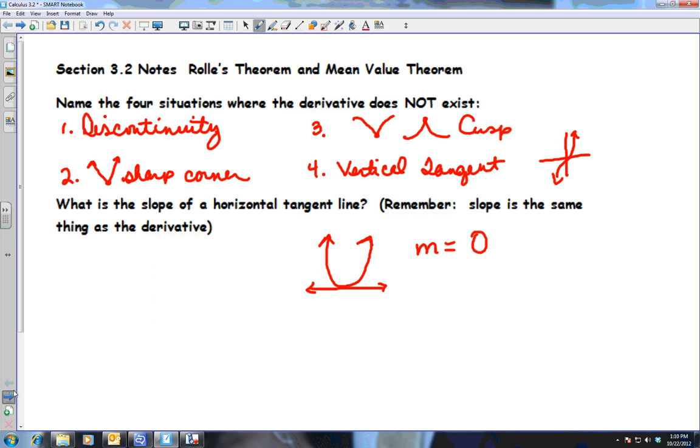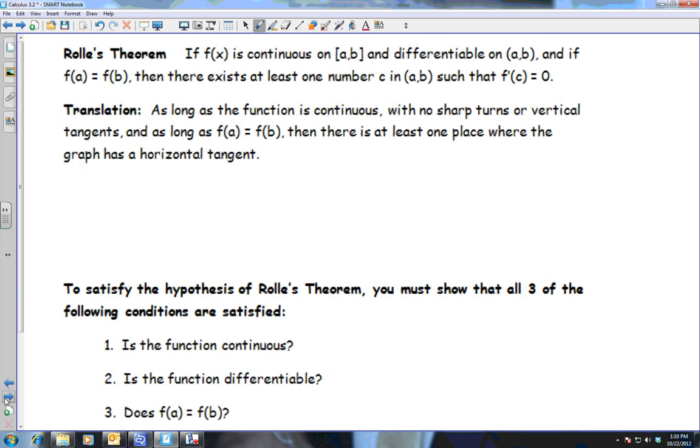Okay, the first theorem we're going to talk about is Rolle's theorem. Here's what it says. If f of x is continuous on a closed interval [a, b], and it's differentiable on the open interval (a, b), and if f of a equals f of b, then there exists at least one number c in that open interval such that f prime of c is 0. So out of all that, what is it saying?